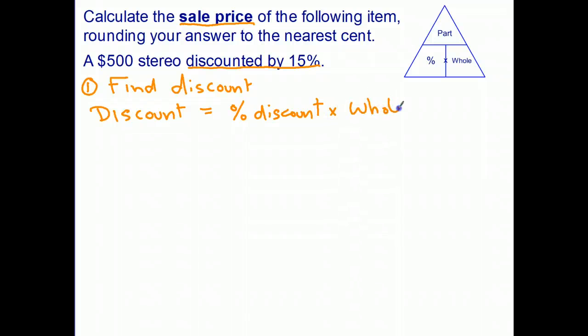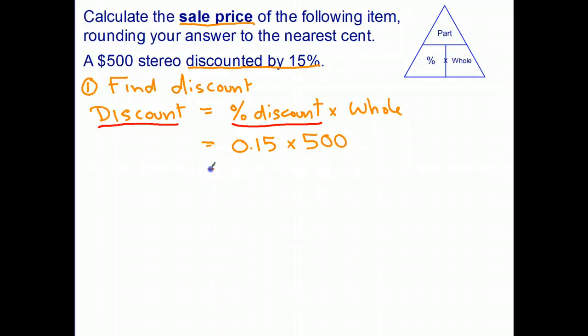So this is part equals percent times whole. And note that if I'm finding the discount, it has to be the percent discount I'm using there. That's going to be useful in some later questions, that these two quantities have to be about the same thing. In this case, the percent discount is 15%, as a decimal 0.15. The whole is the original amount, which is $500.